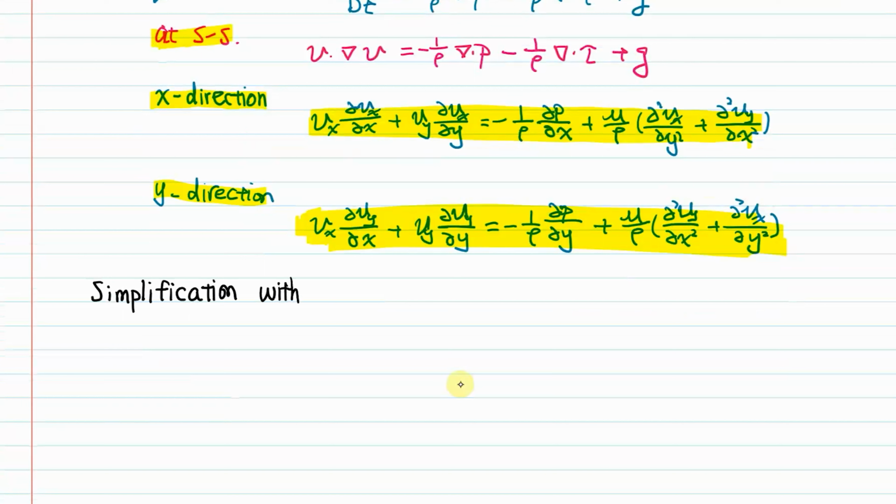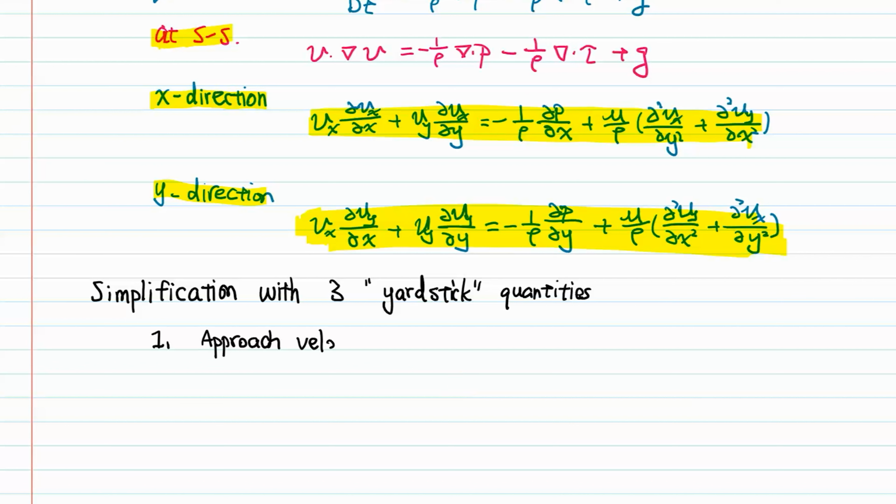We want to do some simplification with three yardstick quantities. The first quantity would be the approach velocity, which is V infinity.